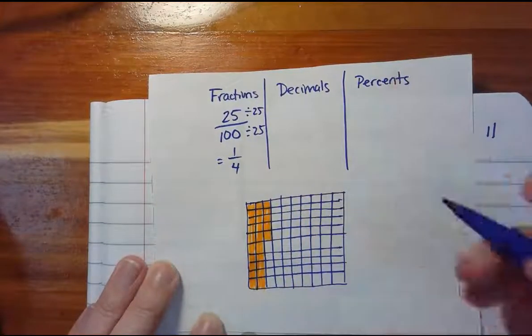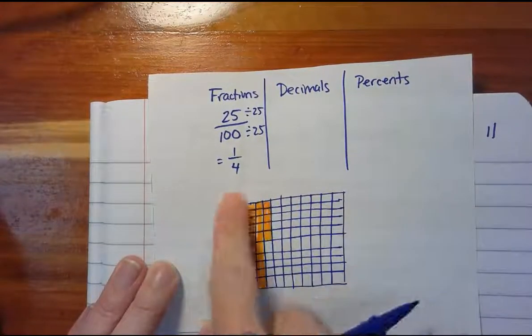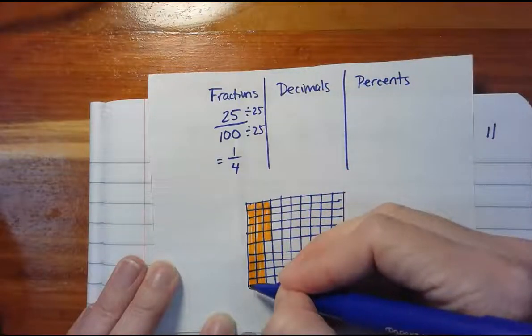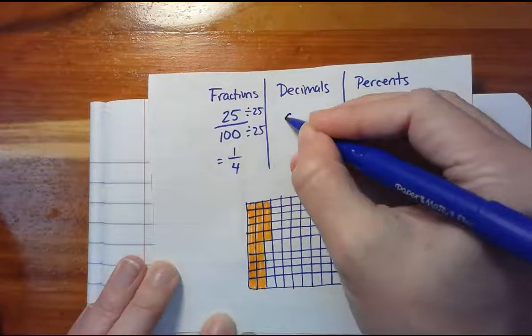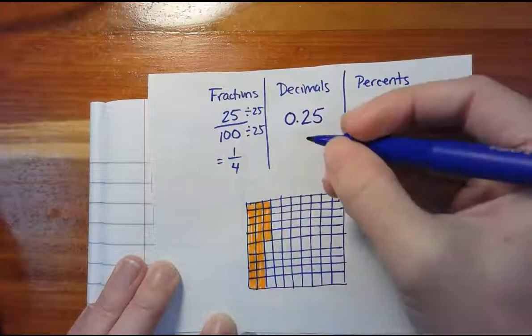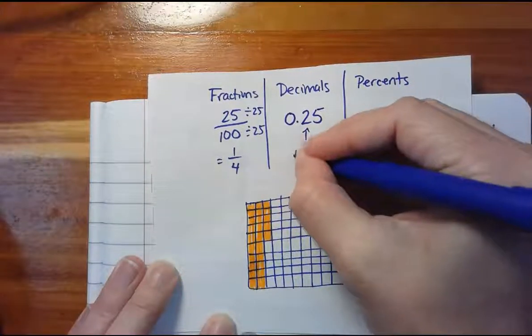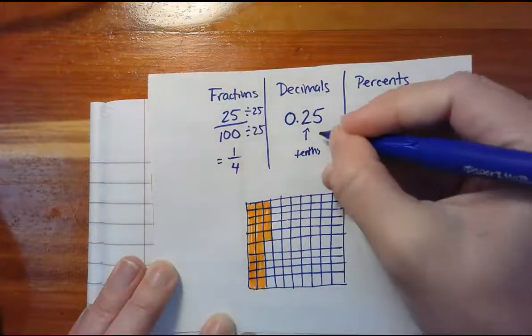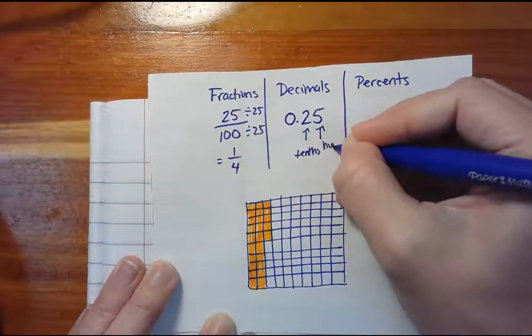Now as a decimal, we could represent the same thing, because it is out of 100. We can count how many hundredths there are, and so remember your decimal to the second place. Remember, this is your tenths place. So we have 2 tenths and we have 5 hundredths.